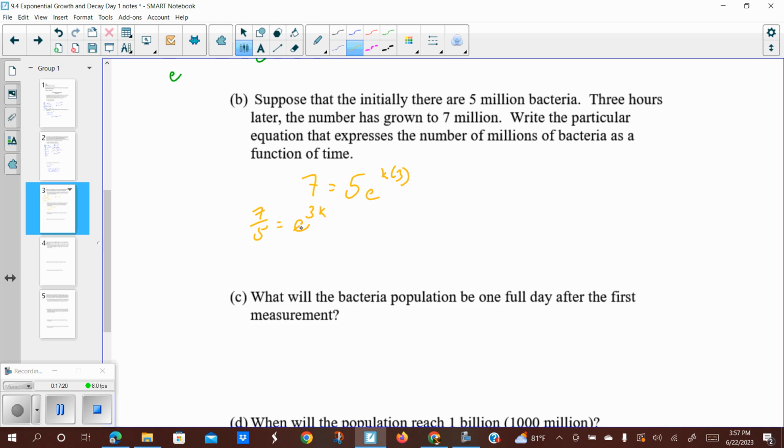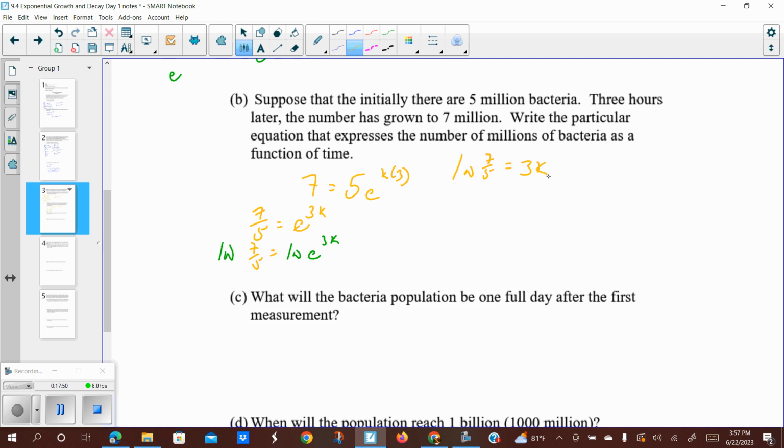Again, we're using the inverse operations to do this. So we will take the natural log of 7/5 and set that equal to the natural log of e to the 3k. The natural log of 7/5 is just the natural log of 7/5. The natural log of e to the 3k, again, natural log and e are inverse operations, which leaves you with the argument, so that's just 3k.